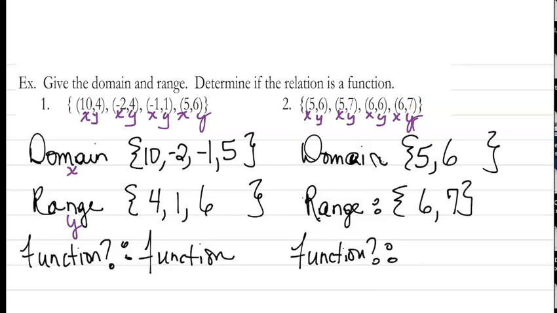Now we move on to determining if we have a function. When I call out 5, because 5 is one of those x values, when we look back to the points, you don't know whether to tell me the answer is 6 or tell me the answer is 7. Because you don't know whether to tell me the answer is 6 or 7, we don't have a function.